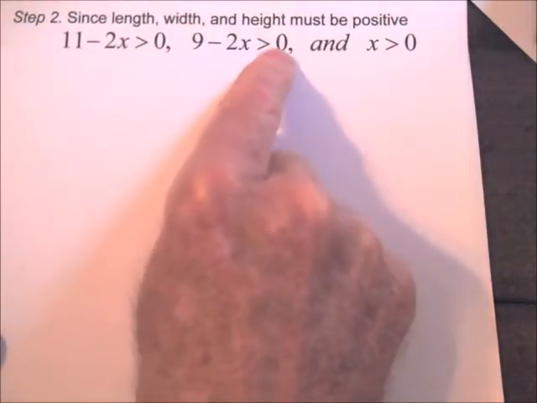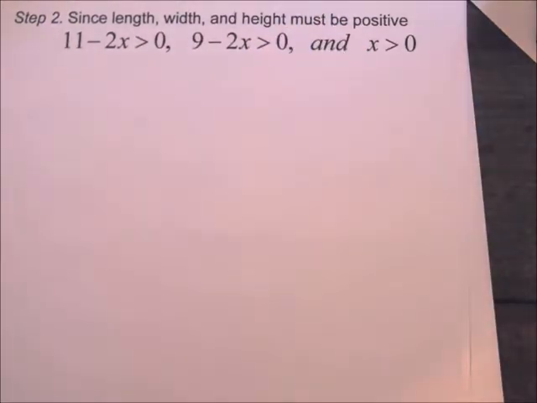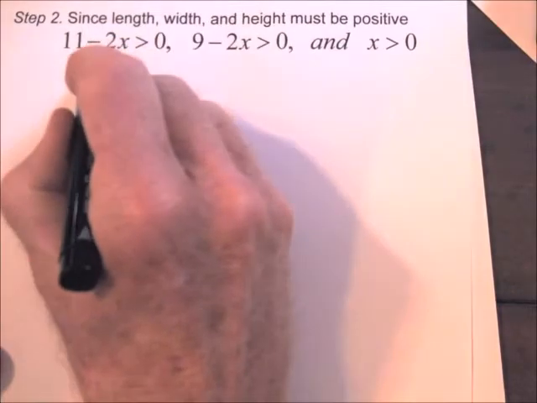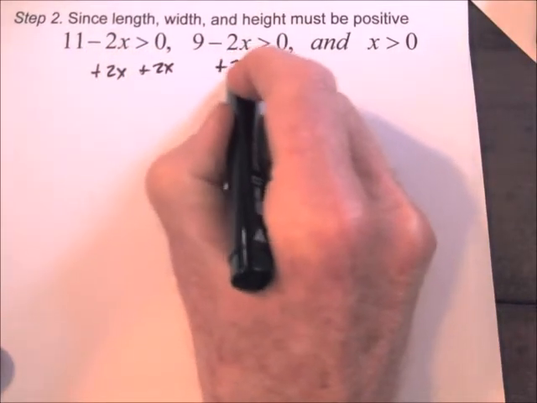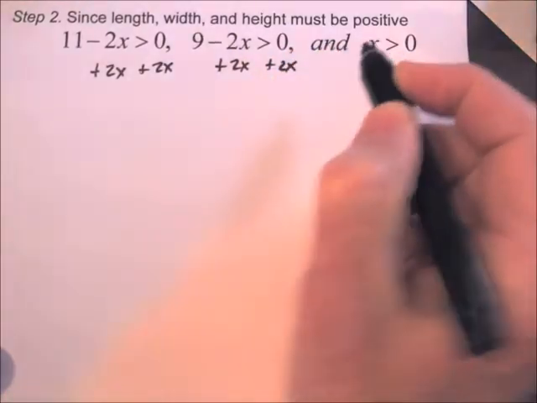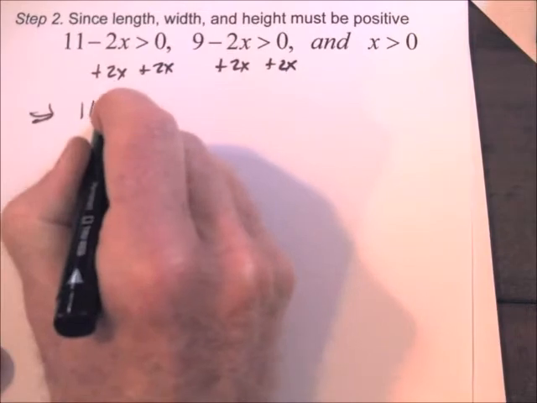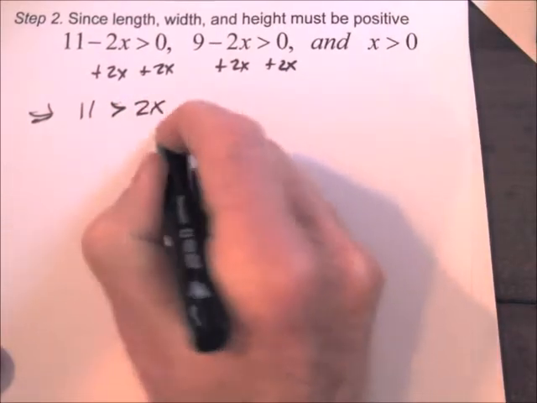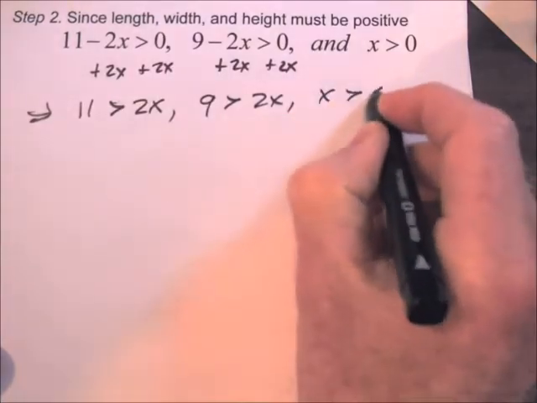Width, 9 minus 2x, has to be greater than 0, and the height also has to be greater than 0. So if we solve these, let's add 2x to all sides. We get 11 is greater than 2x, 9 is greater than 2x, and x is greater than 0.